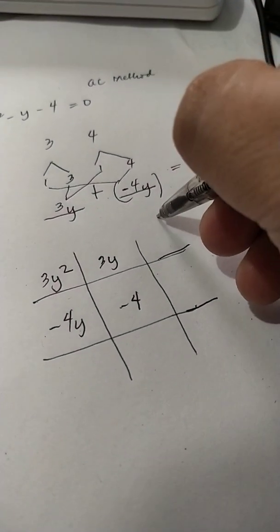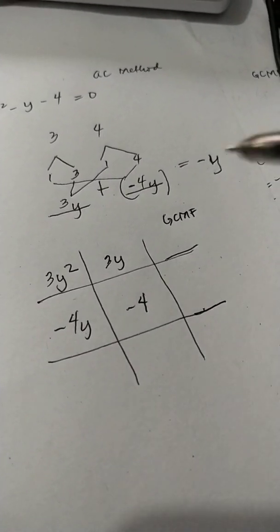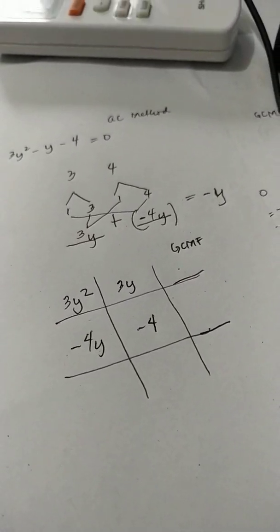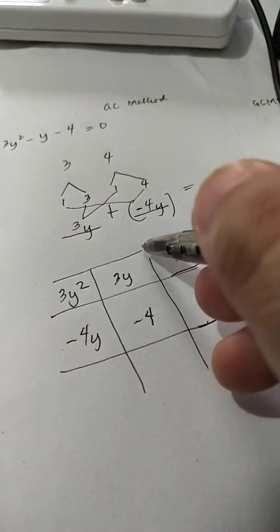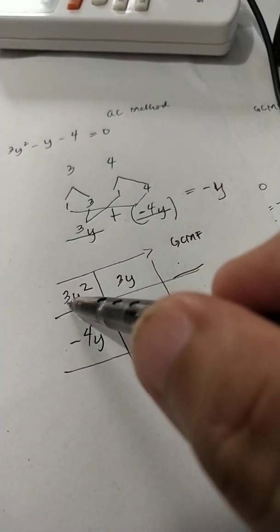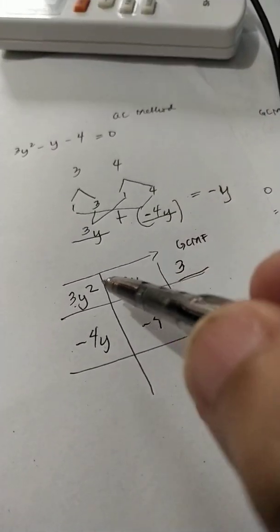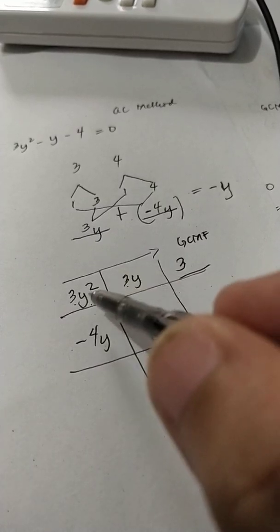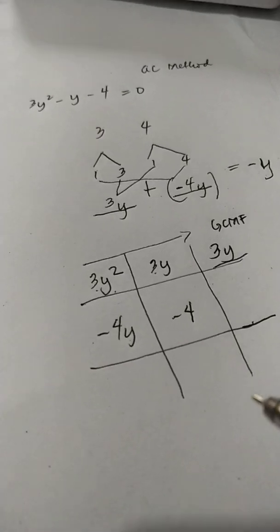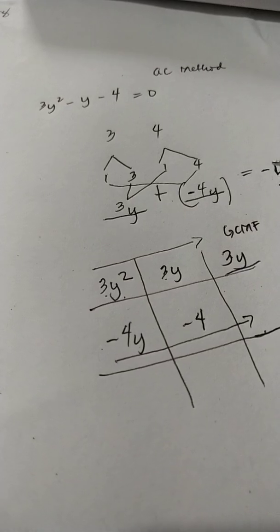What is the GCMF, greatest common monomial factor, for this part? We have 3, so we write 3 in here. We have y squared, we have y. So what is common? Y. So we have 3y. On this part, what is common?